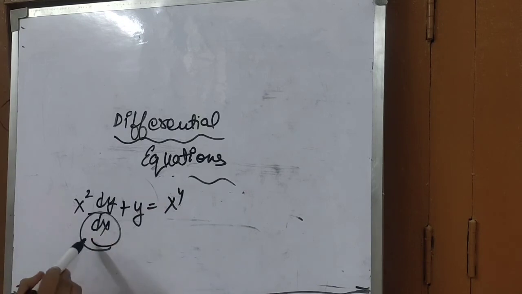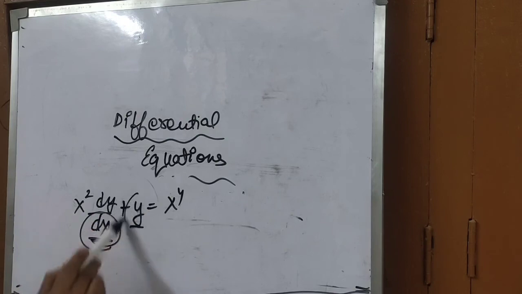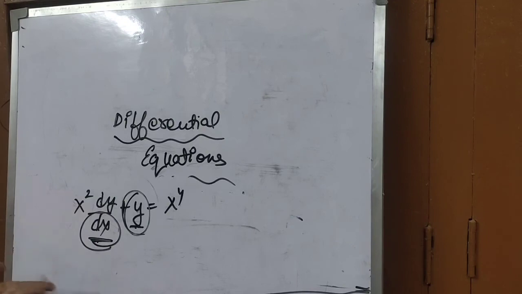Now you can see here that you are having dy by dx, and you are having one variable y separate to x. So we can very easily identify that this is my linear type of equation. So this type of equation is again my linear type equation.